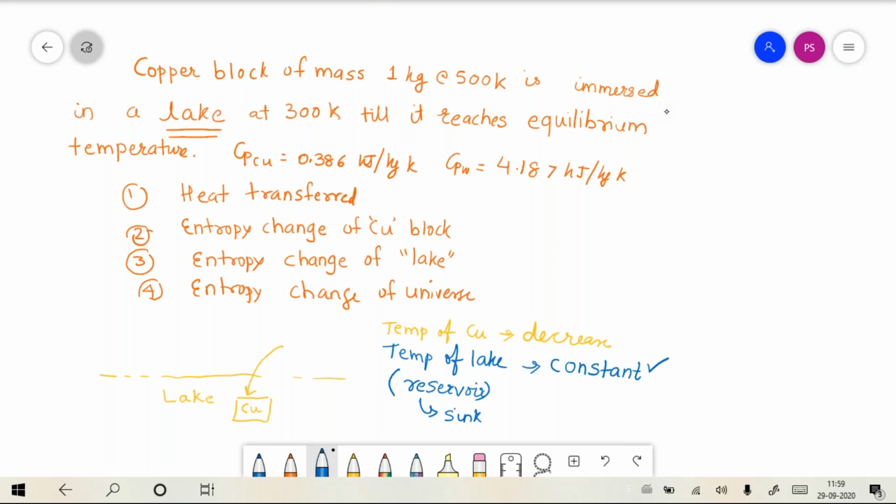The entropy change of the copper block you need to calculate as we had done earlier, that is the integral of mCp dT upon T. However, the entropy change of the lake, because the temperature is constant, if you solve the integral, will be Q upon T.